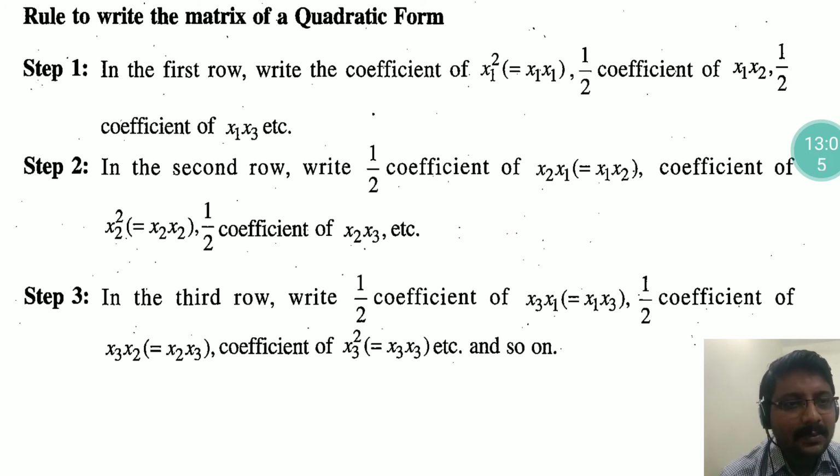Symmetric means A transpose is A. Then half the coefficient of x3 x2, and the coefficient of x3 square, and so on.